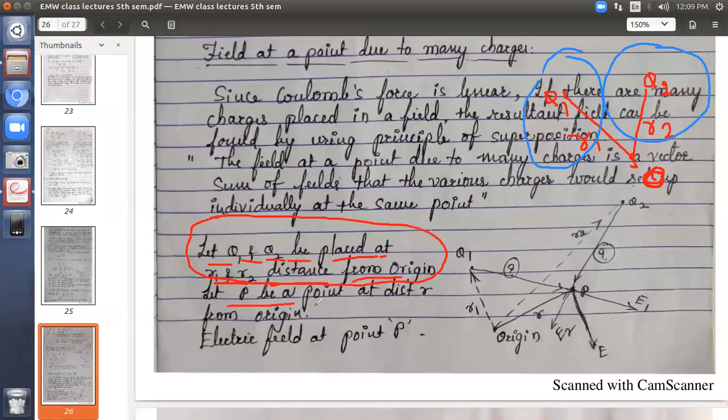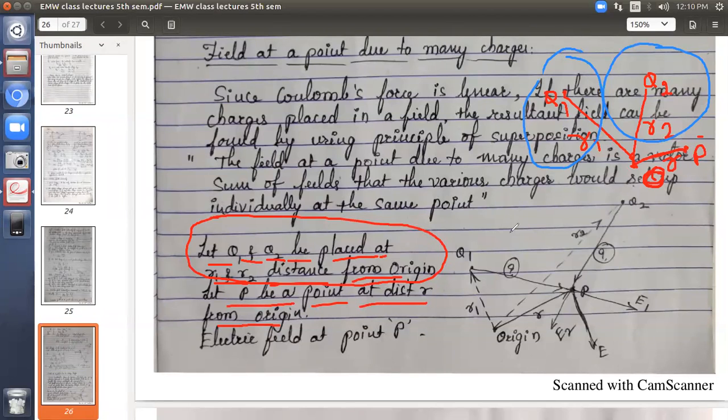Let P be a point at a distance R from the origin. So origin is this, and let me take somewhere here as the point P, at a distance R from the origin. At point P, here we want the electric field.